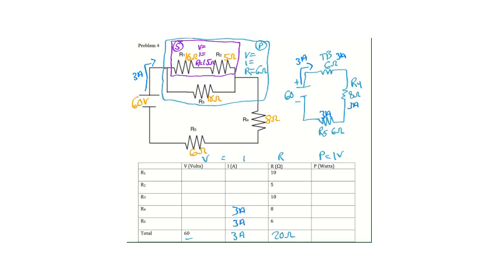But the teal box is not actually a resistor in our circuit, but rather a combination. So I'm going to indicate that by putting the 3 amps in the teal box for current.